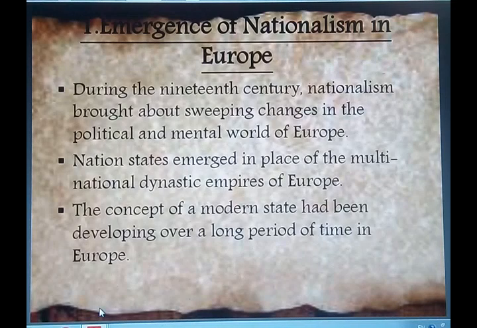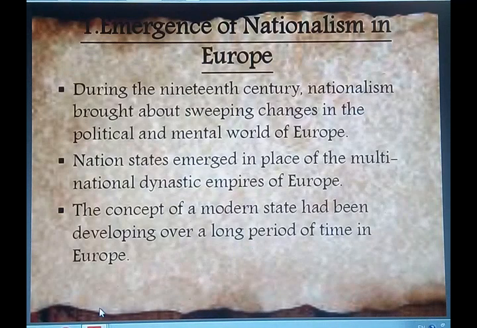Nation states emerged in place of multinational dynastic empires of Europe. Europe was divided into dynastic empires, but nationalism brought an end to all these dynastic empires in Europe. It all started in the 19th century.